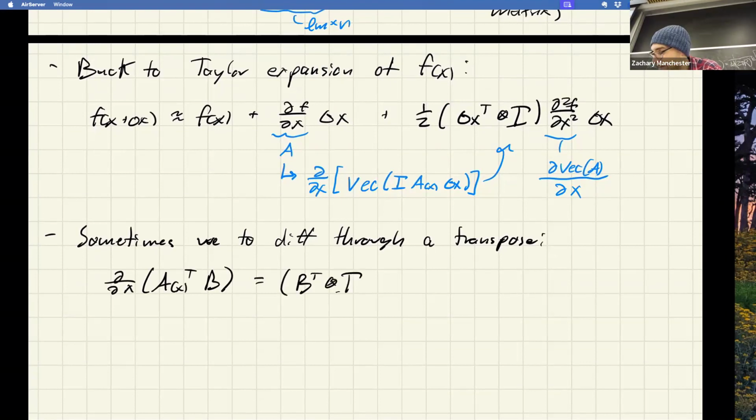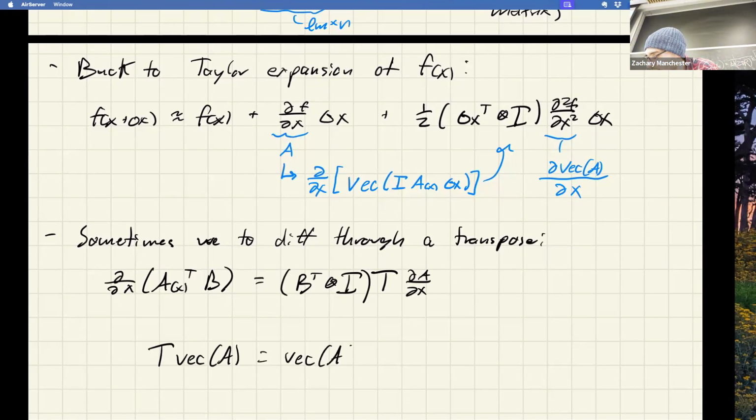So I've got B transpose Kronecker I, but what I'm going to get now is A transpose. I want the derivative with respect to A. So I'm going to make up this new matrix. We'll call it T. Let me just write this and then I'll tell you what it is. So we define this thing such that T times vec of A equals vec of A transpose.